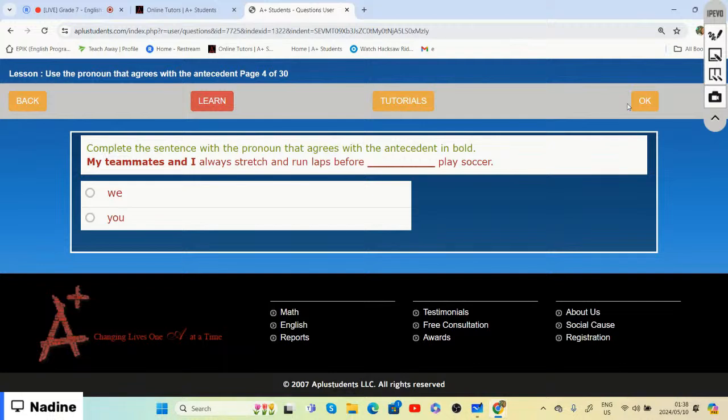So we need to choose either we or you as a pronoun that agrees with the antecedent in bold, which refers to my teammates and I.